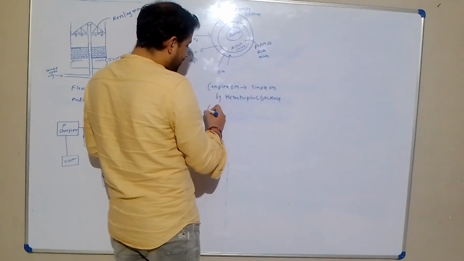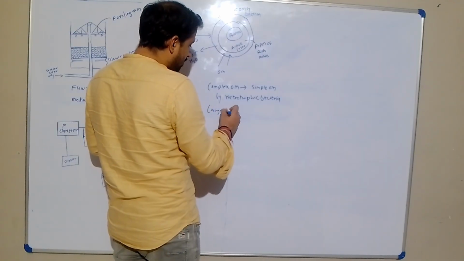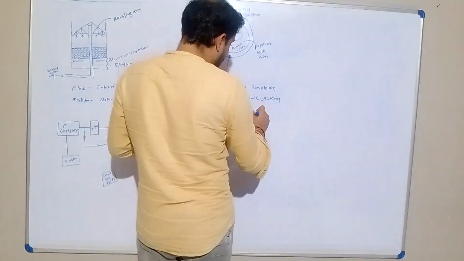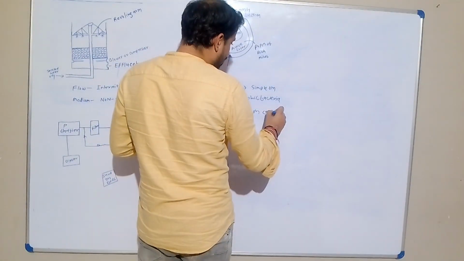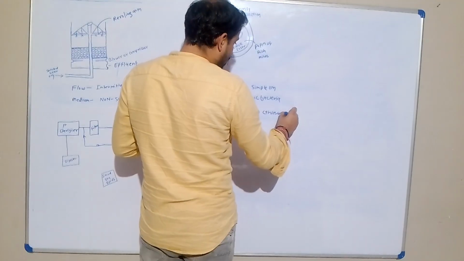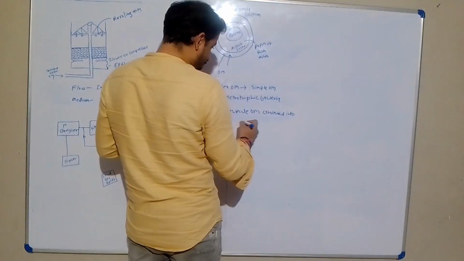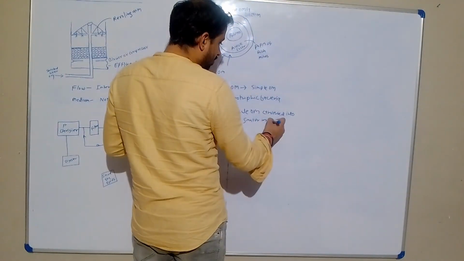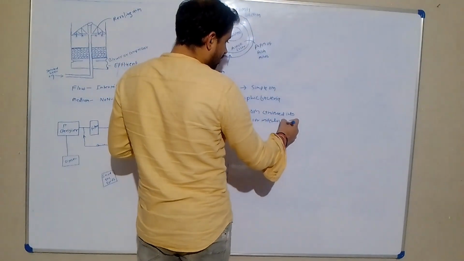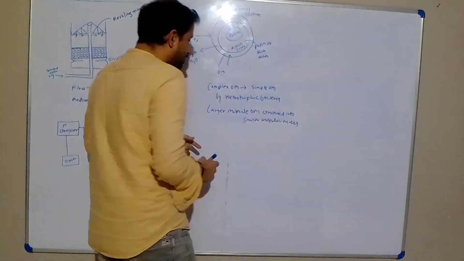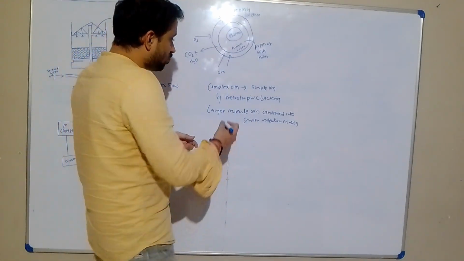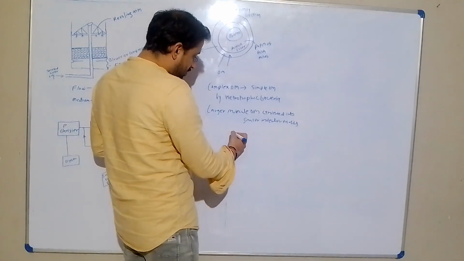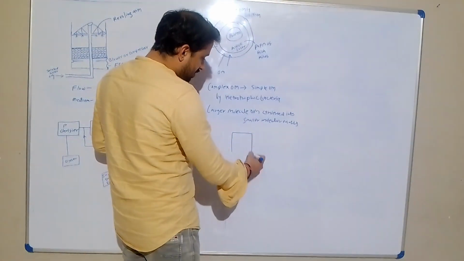Complex organic matter, larger in size, is converted into smaller molecular masses by the heterotrophic bacteria.